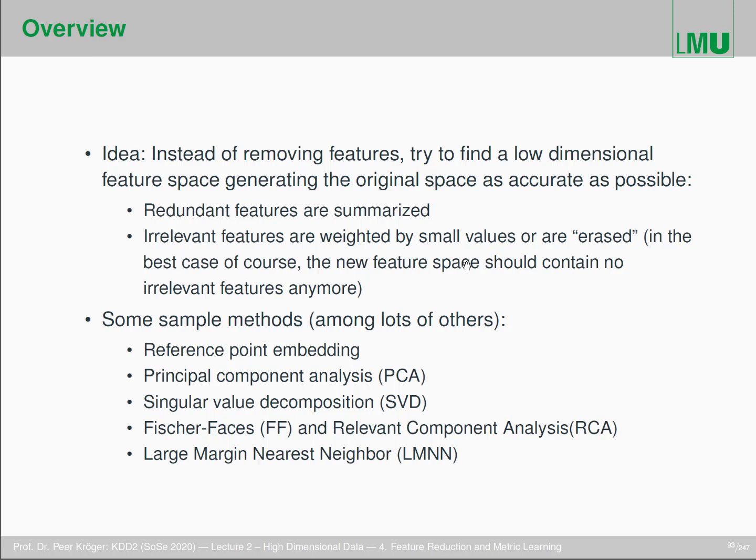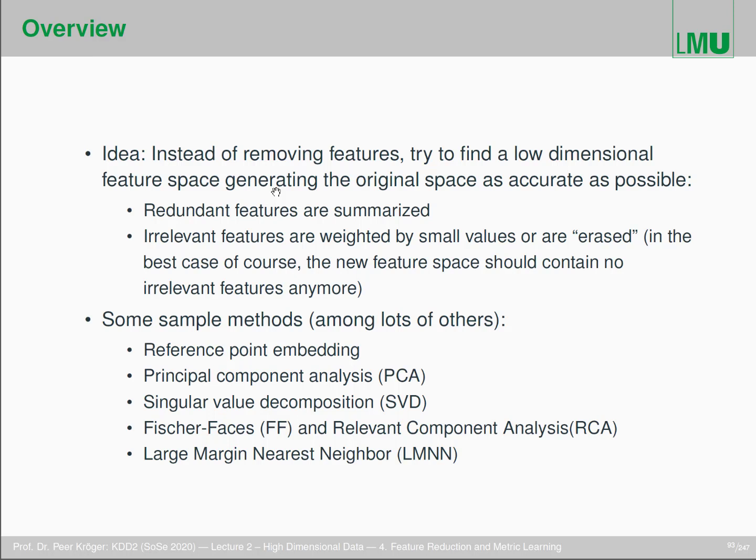That means we will try to take care again of these two different malicious types of features. The redundant ones, we will try to summarize them, aggregate them, which is a kind of new feature, because we derive one or several new features from redundant features by just summarizing or aggregating them. And we also try to get rid of the irrelevant features.